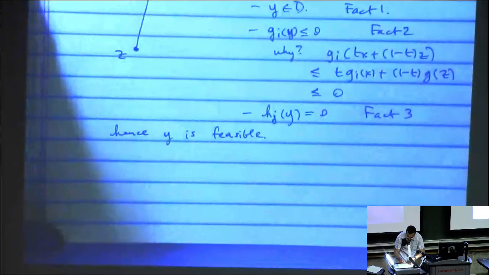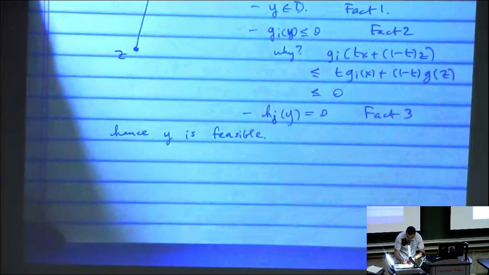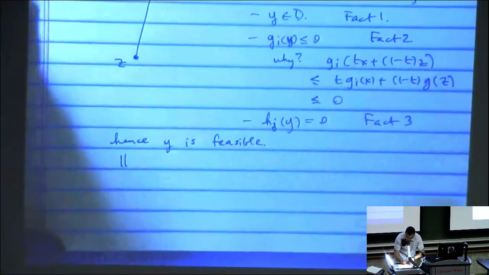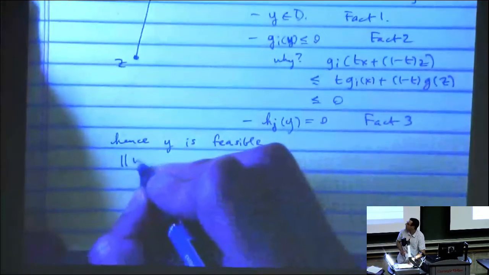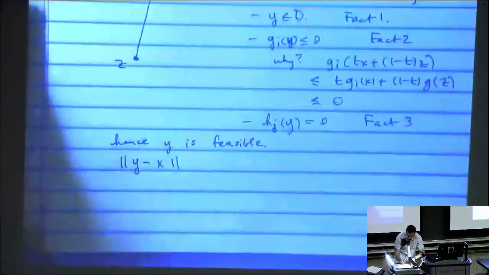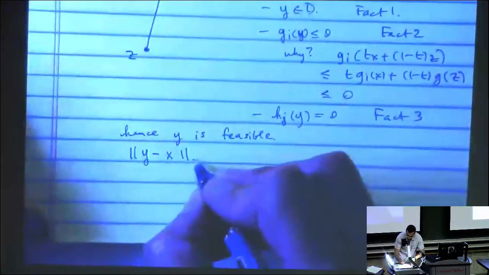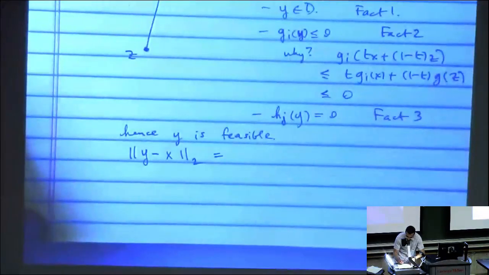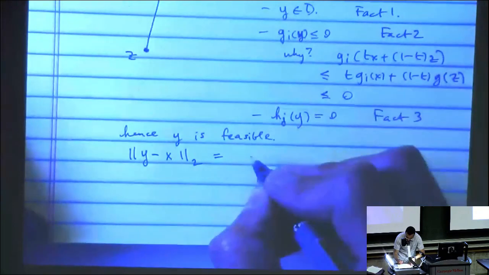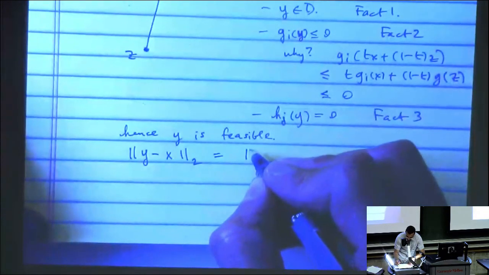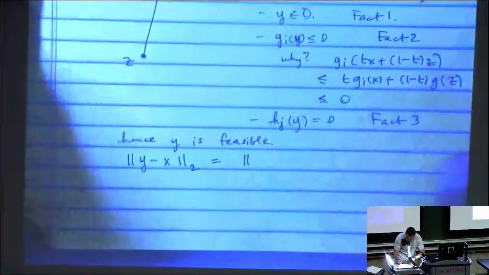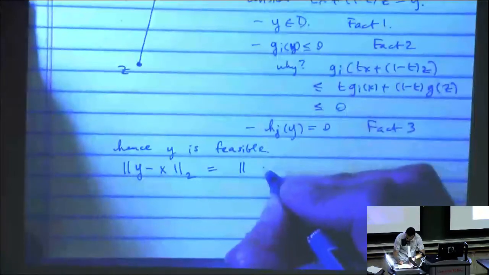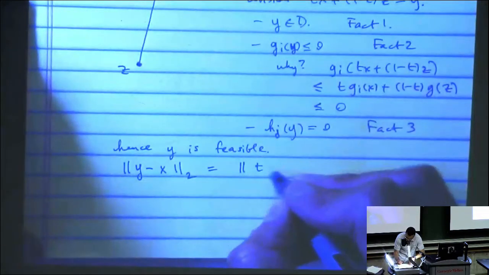Okay, and now let's look at the norm of y minus x. This is going to be t x plus (1 minus t) z.